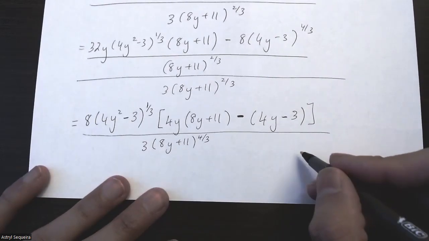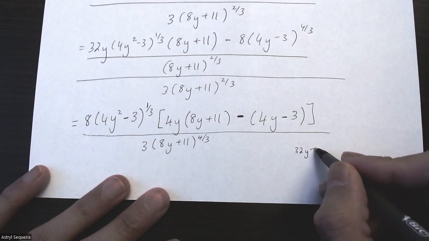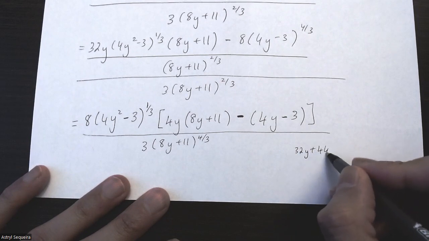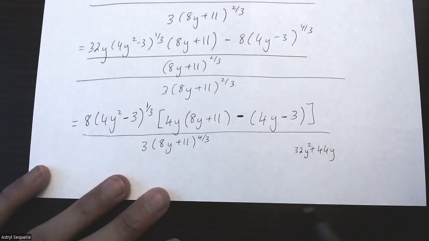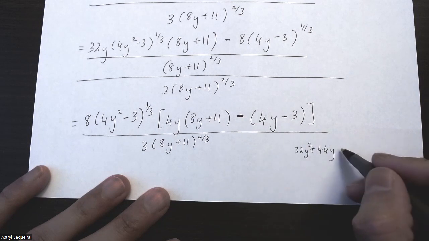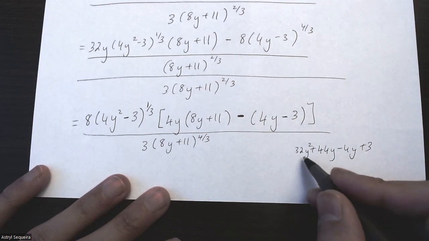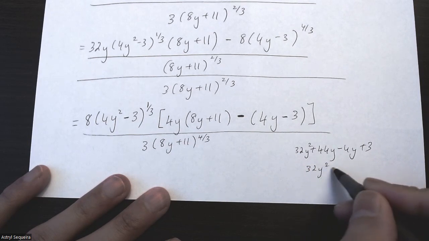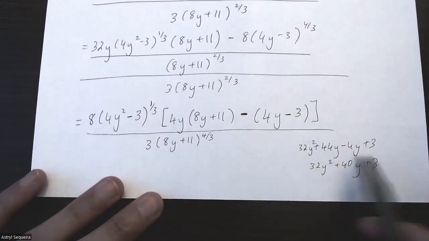That's going to be 32y squared plus 44y, minus 4y plus 3, which is just 32y squared plus 40y plus 3. So this whole bracket just simplifies to this.